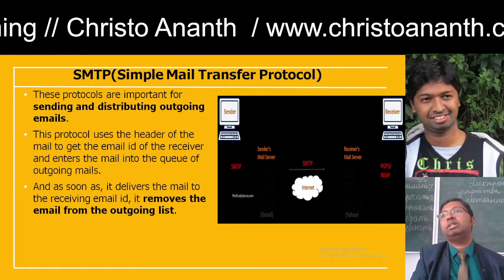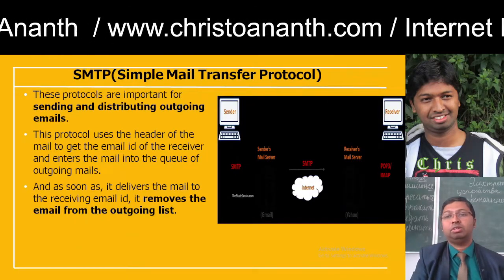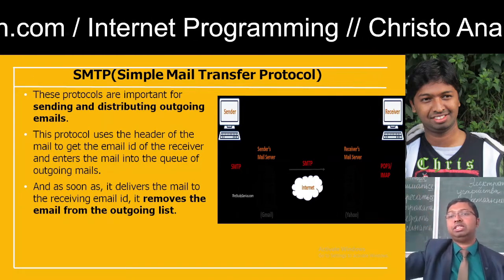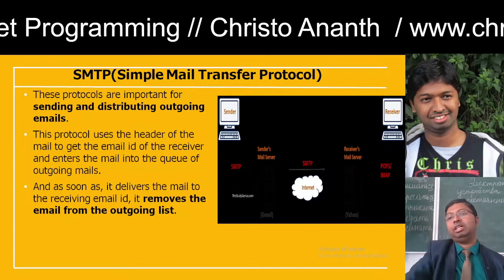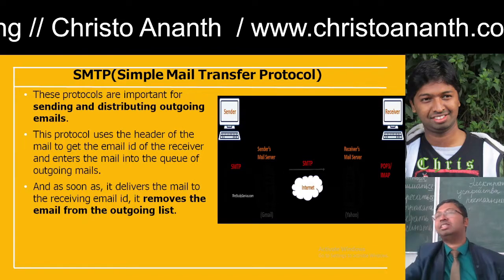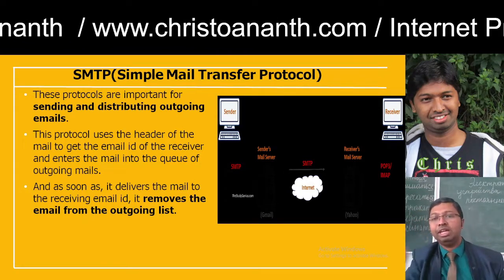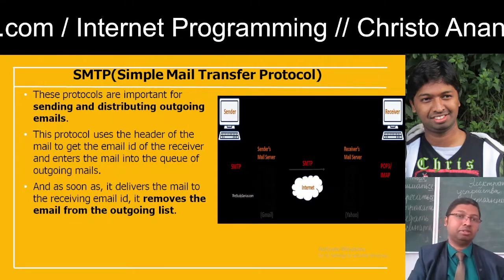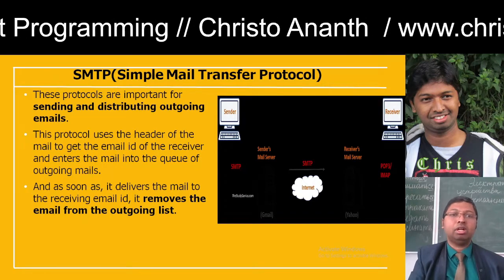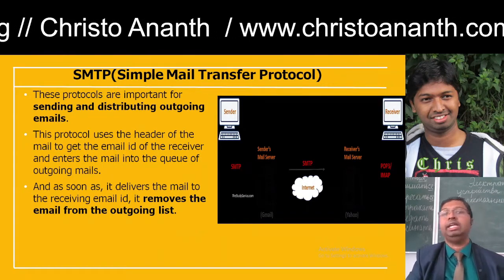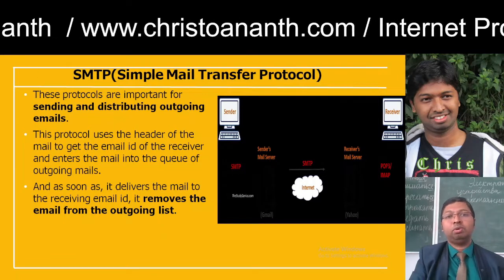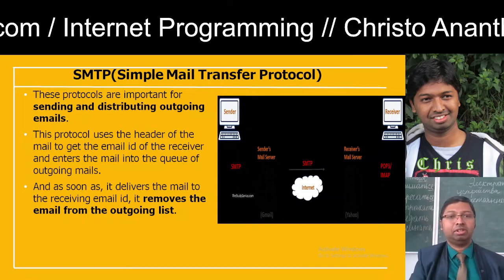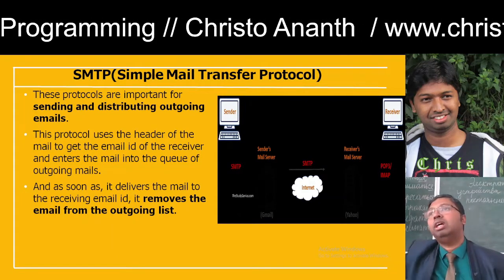Then you have SMTP, simple mail transfer protocol. You have the internet, sender, and receiver. Messages flow from the sender's mail server to the receiver's mail server, maybe Gmail on this side and Yahoo on that side. We have SMTP servers here, and there you have a POP3 or maybe IMAP server. These protocols are responsible for sending and distributing outgoing mails. The protocol uses the header of the mail to get the email ID of the receiver and enters the mail into the queue of outgoing mails.